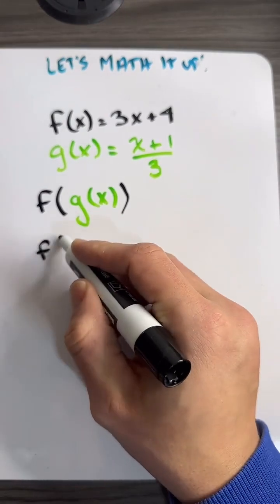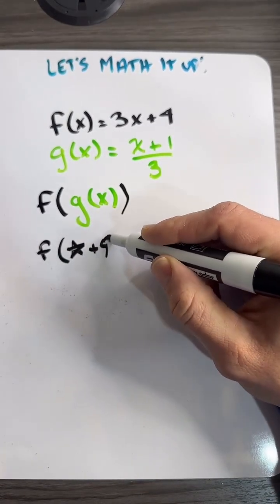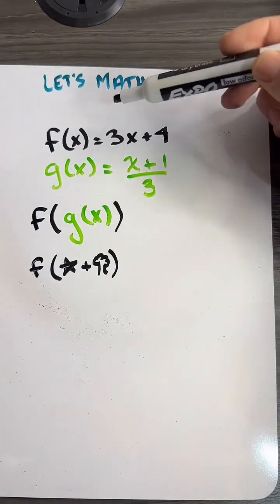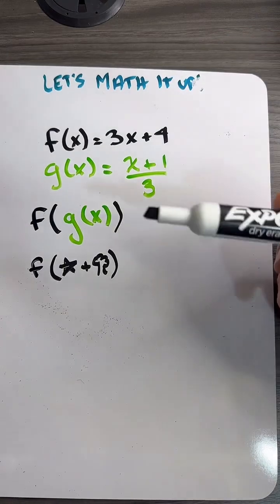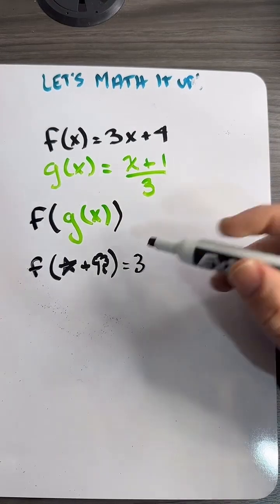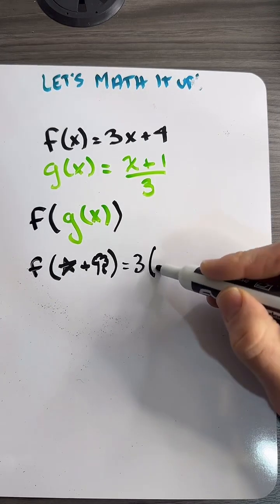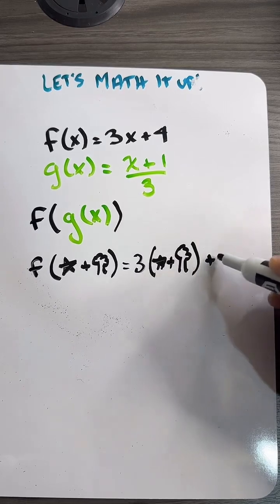If I've got f of star, I don't care what it is, star plus tree, this function says I take whatever's in the parentheses, I times it by 3 and add 4. So if I had star plus tree in here, I'm going to take 3 times star plus tree, and add 4.